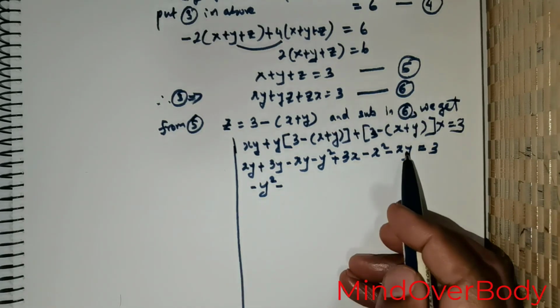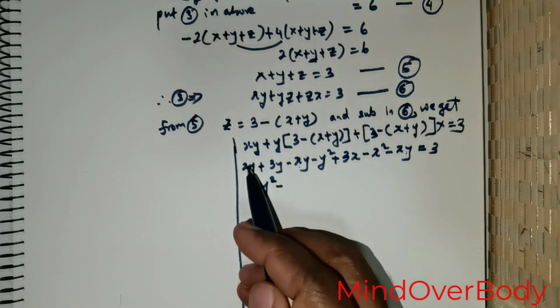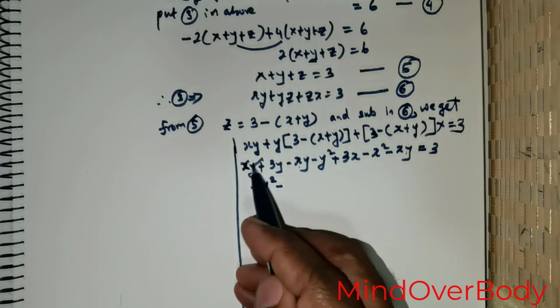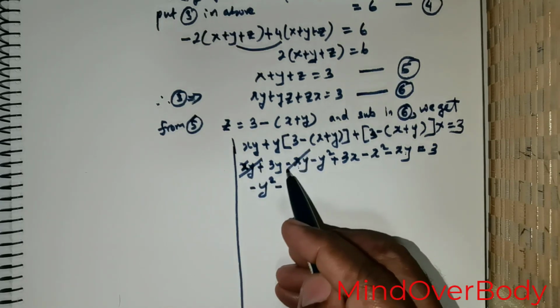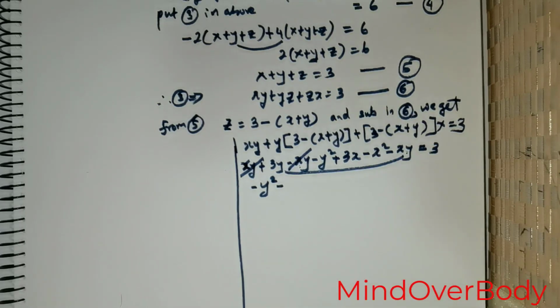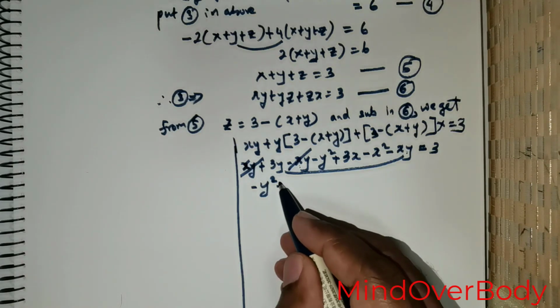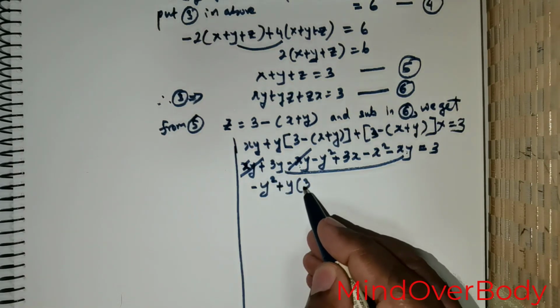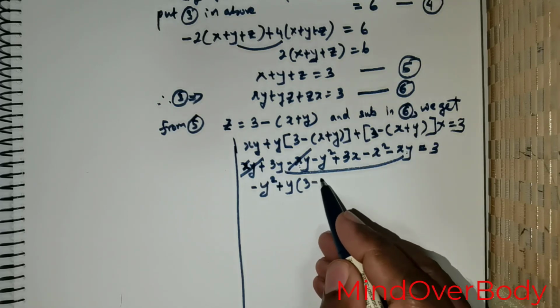So there is a negative xy, a negative xy, and a positive xy. So what I can do is I can cancel this xy with this xy, and I can club 3y with negative x times y. So let me take that y out. If I were to take that y out, I would have a 3 followed by a negative x.